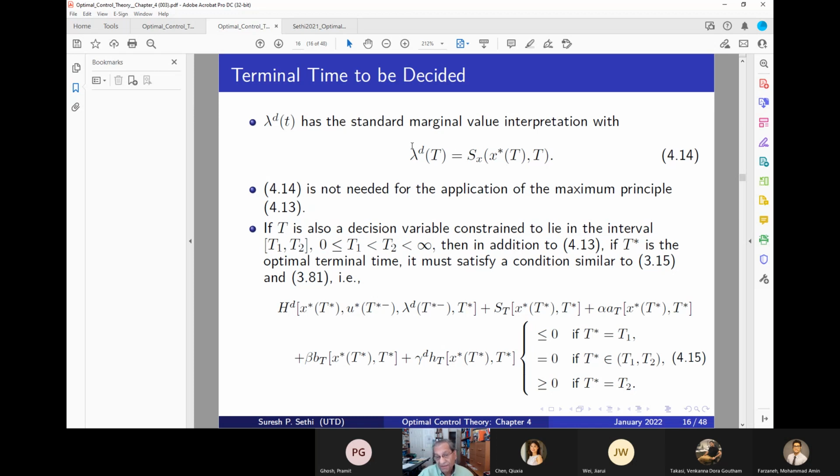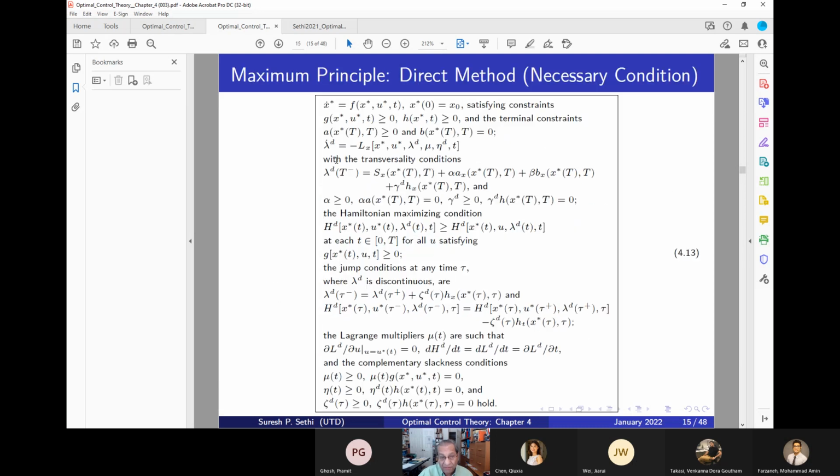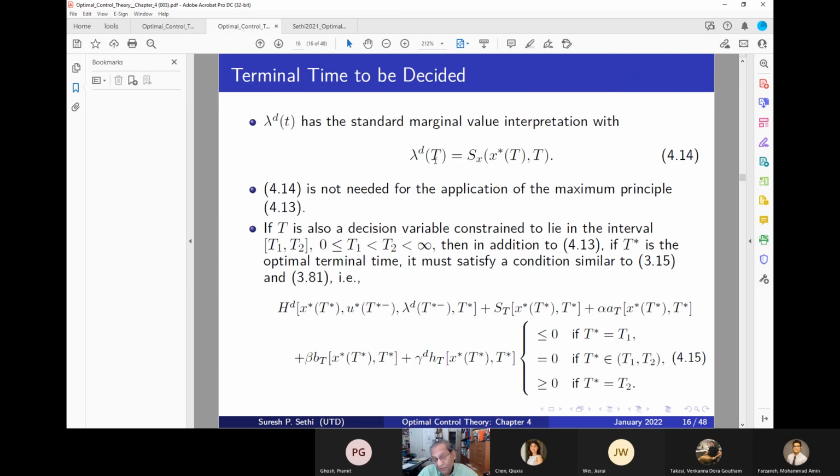It's fixed. But remember, in the two-point boundary value problem, if this is constrained, we cannot use this because this is not connected with the rest of the problem. The rest of the problem is connected with t minus. So the two-point boundary value problem has to begin here, on the other side, on the back. Or if you begin here, you have to recognize there is a jump. Essentially here we are just giving formulas for the direct maximum principle.